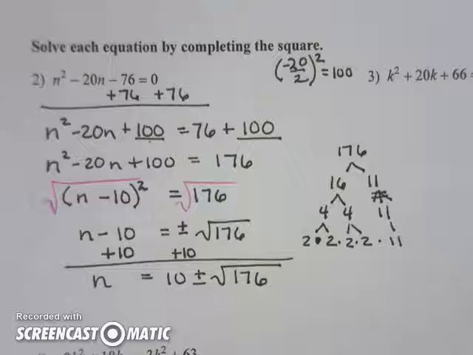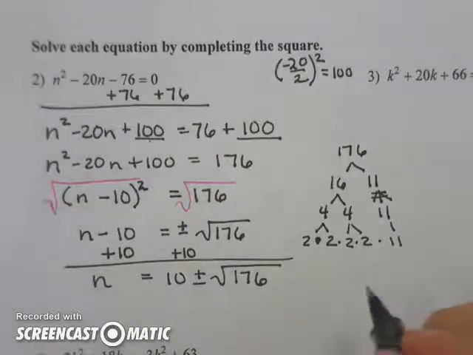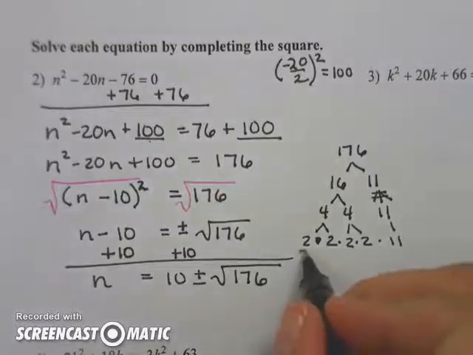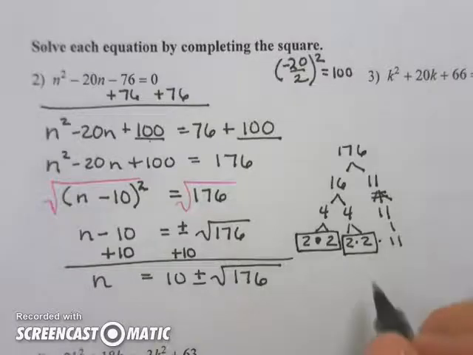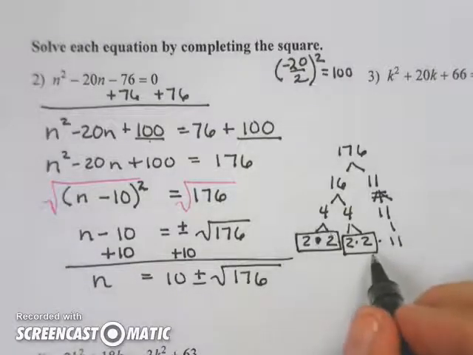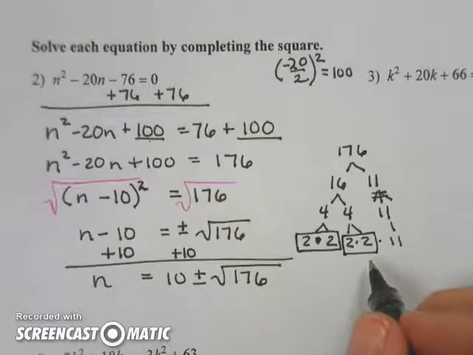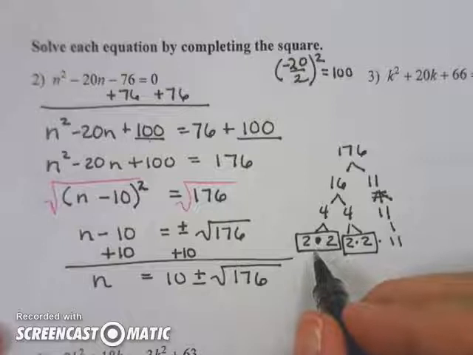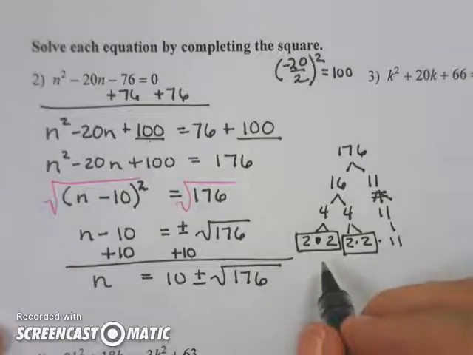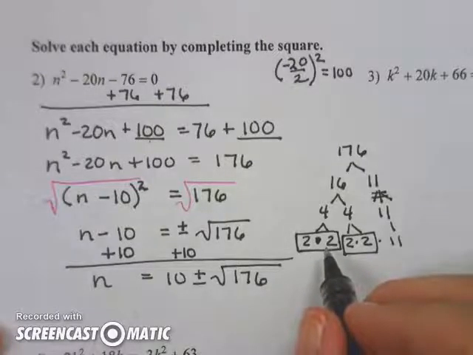We've talked some about square roots. The square root of 4 is 2. What I want to do is find where I have pairs of them, because those pairs will become perfect squares. 4 is a perfect square, so the square root of 4 is 2.